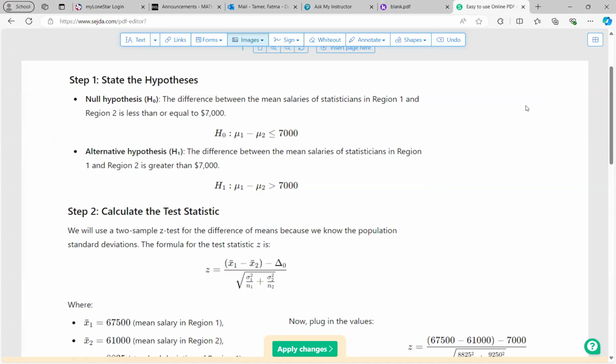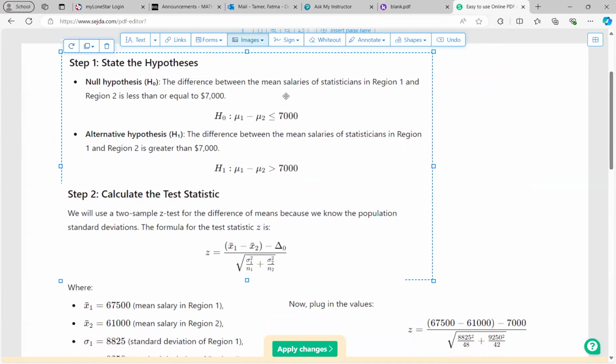The null hypothesis is that the difference between the mean salaries of statisticians in region 1 and region 2 is less than or equal to 7,000, which we can express like this as an inequality. And the alternative hypothesis is that it is greater than 7,000.